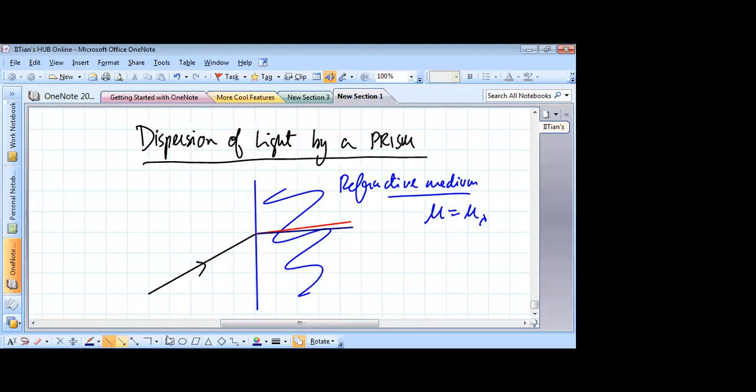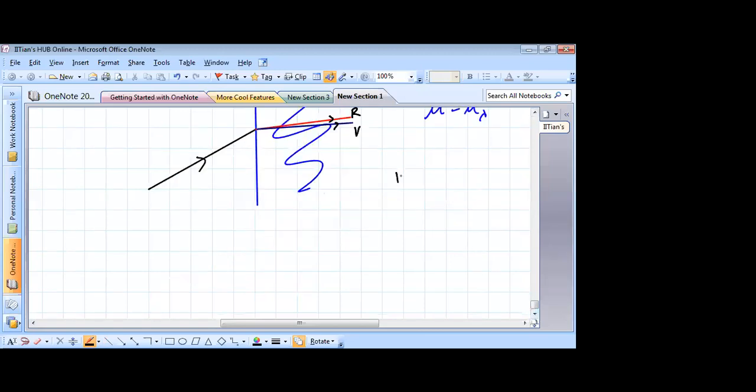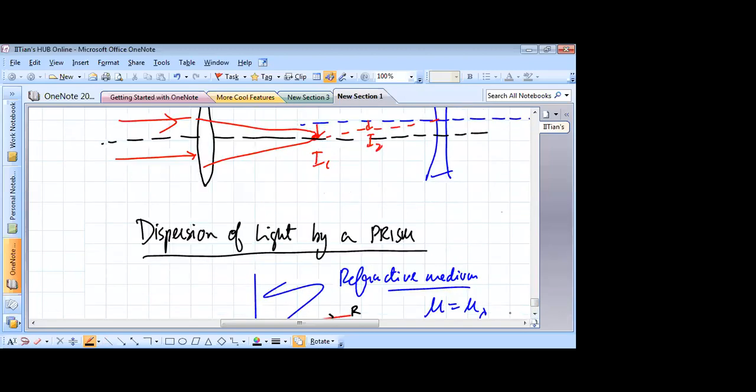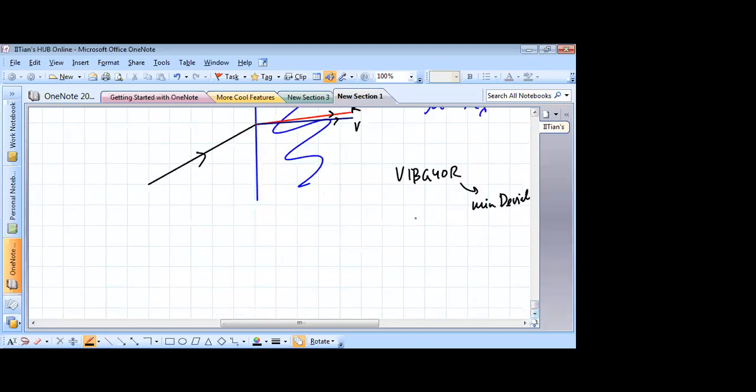Splits into colors such that the maximum deviation happens for violet and the minimum deviation happens for red. In the spectrum, this has minimum deviation and this has maximum deviation.